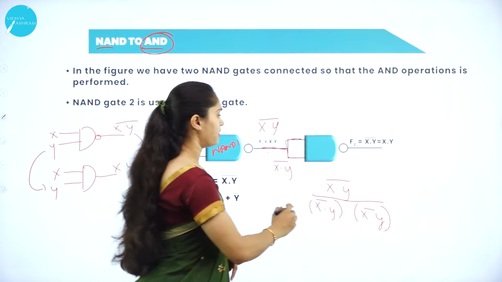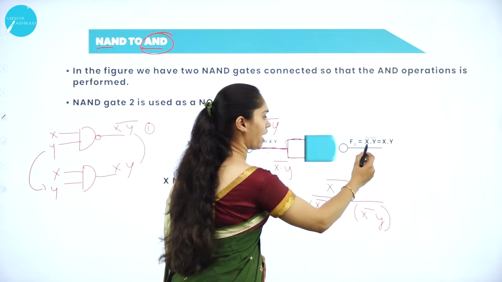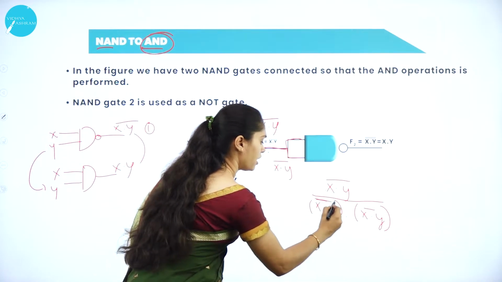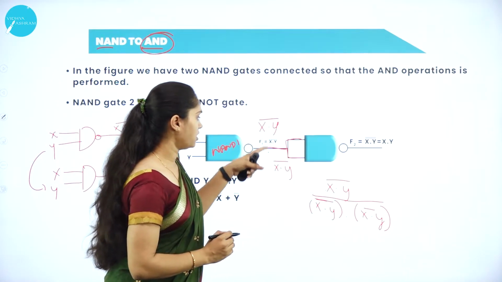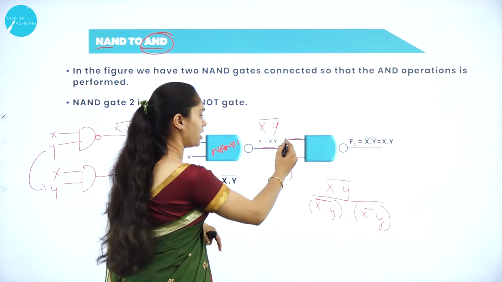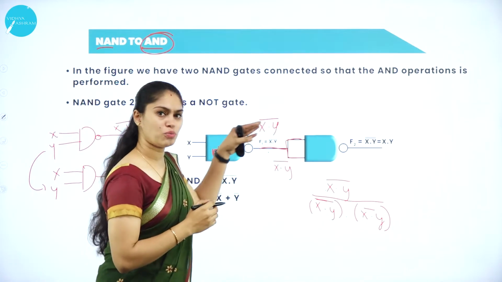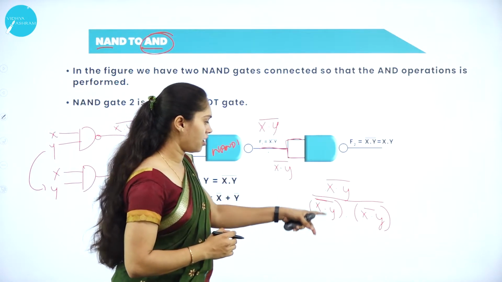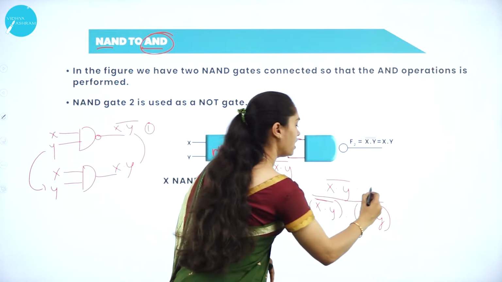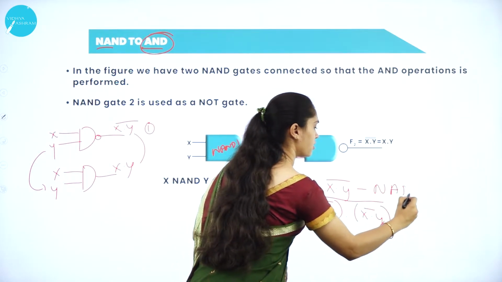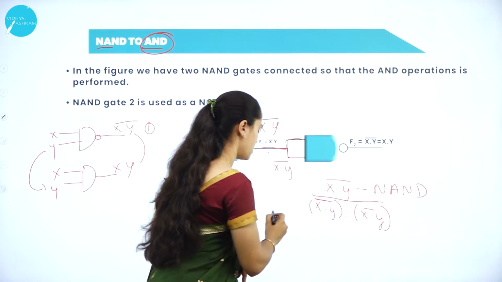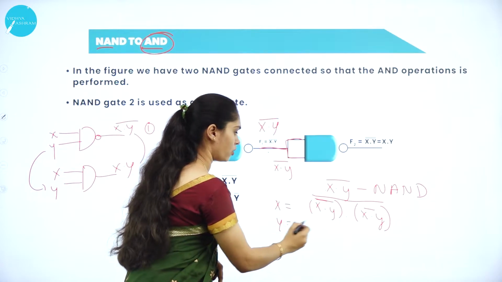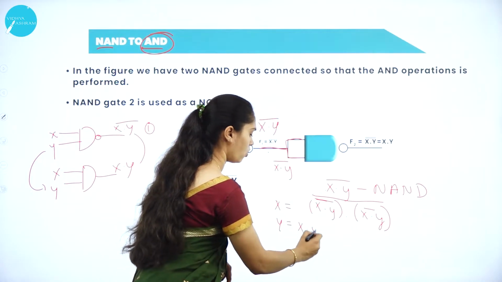So here F2 is equal to (x dot y) whole bar. Why? Because (x dot y) whole bar is one input, and when the inputs are shorted, both the inputs are the same. Here x is (x dot y) whole bar and y is another (x dot y) whole bar.